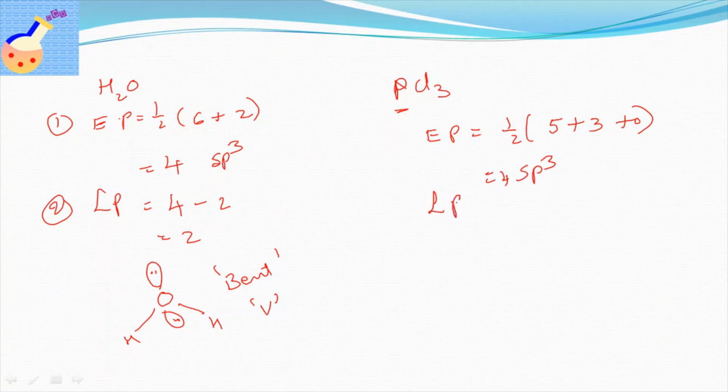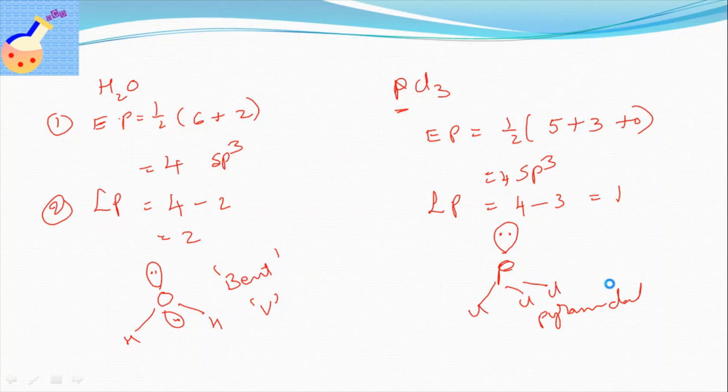So let us go for the lone pairs, that is 4 minus bond pairs 3, 1 lone pair. So 4 electron pairs means it should be a tetrahedral molecule, but because of the lone pair the shape will be like this. So it is a pyramidal molecule. So in this way we can draw the shapes of molecules.